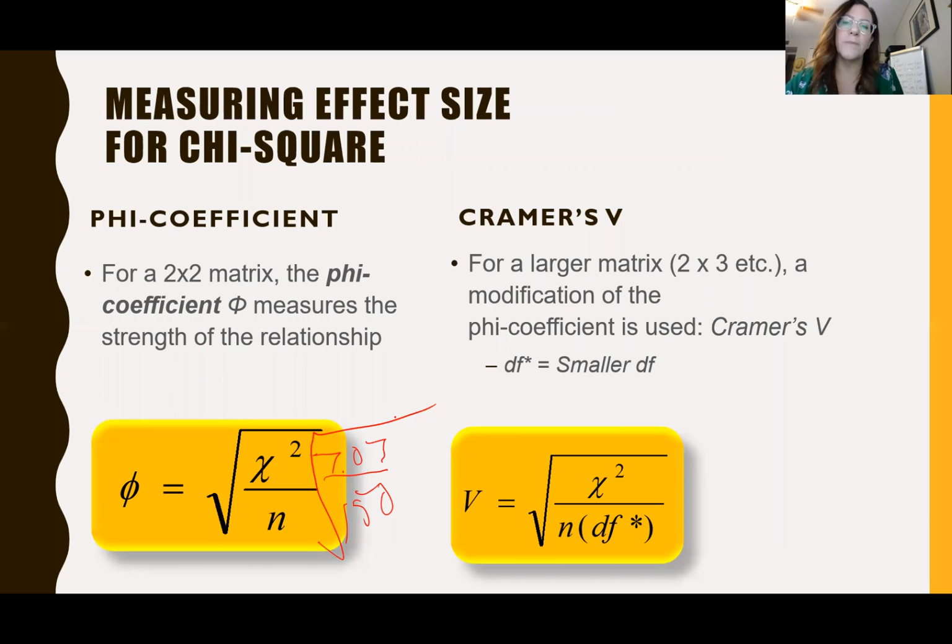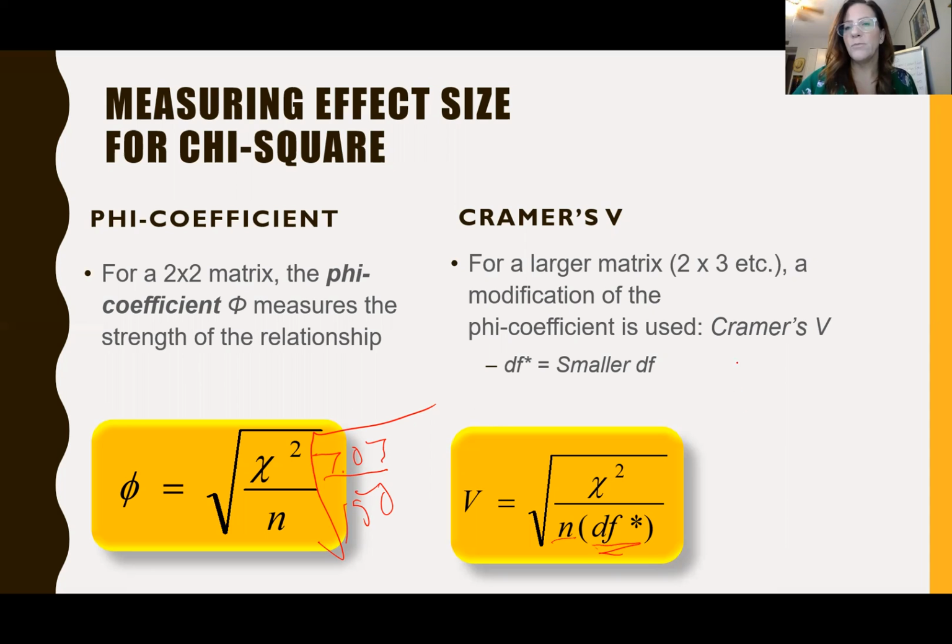Now, for larger matrices, like a 2 by 3, a 3 by 5, etc., we use Cramer's V. Now this is where it can get complicated, because Cramer's V and the phi coefficient are going to be the same calculation if you are using a 2 by 3. It's going to be the same value if you have a 2 by 3 or a 2 by 2. Because what you do is you take your sample size and multiply it by the smallest degree of freedom.